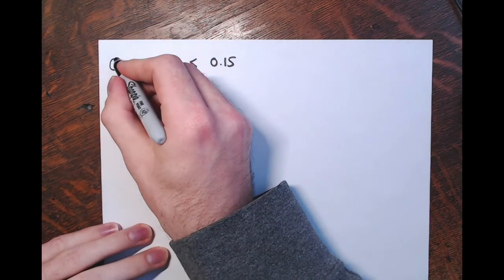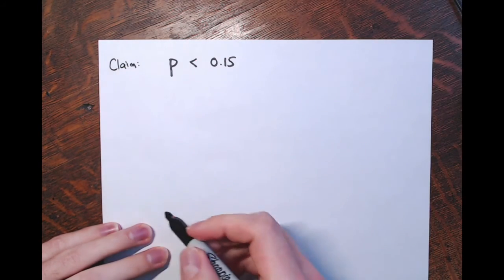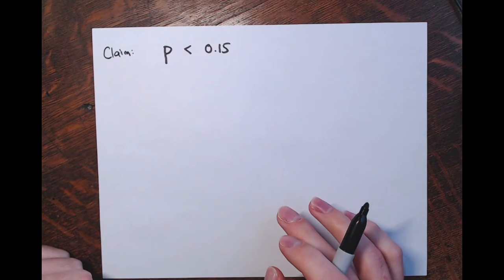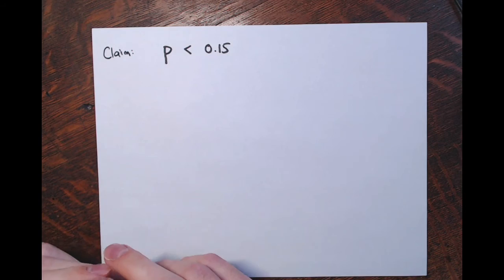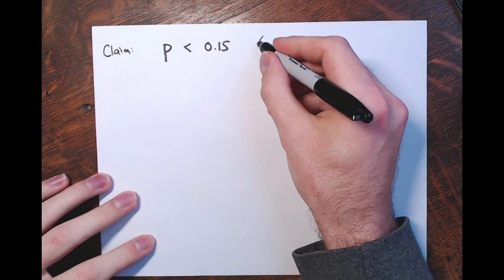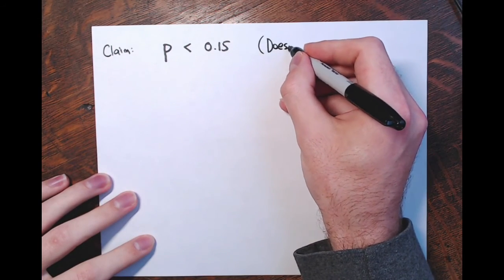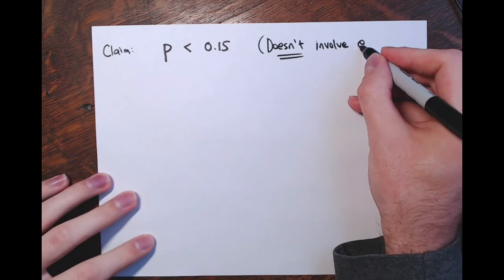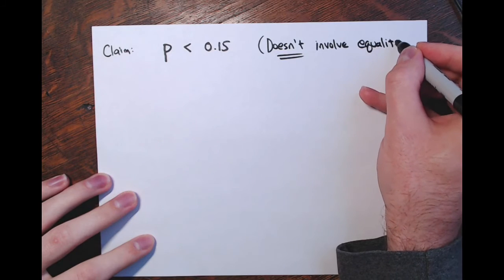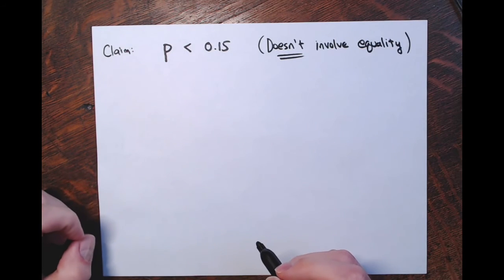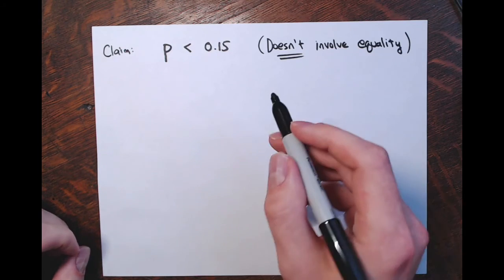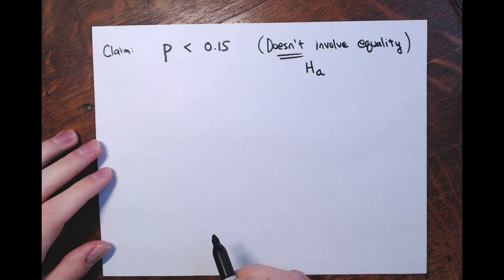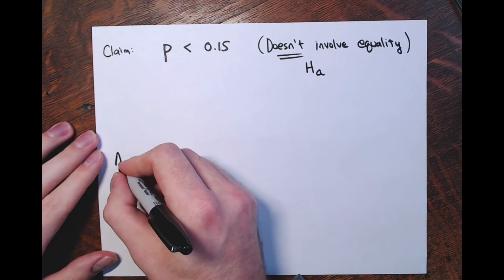Now that could be considered the claim here. Maybe someone believes that the proportion of all their clients that have high-risk stocks is less than 15%. Now notice how this doesn't involve equality. There's no or equal to. It's strictly less than. So the claim will be represented by the alternative hypothesis, HA.